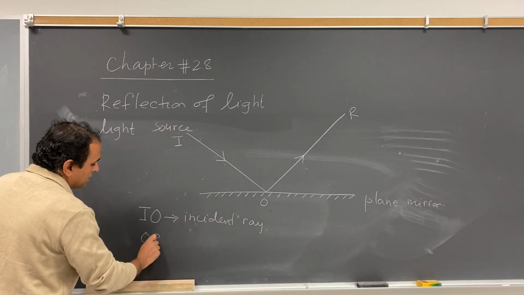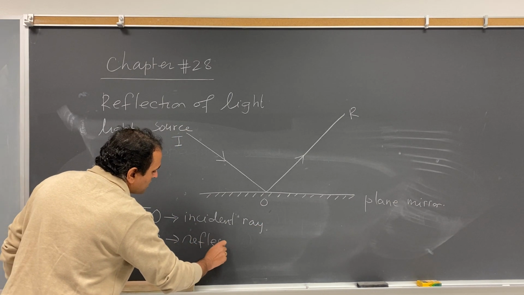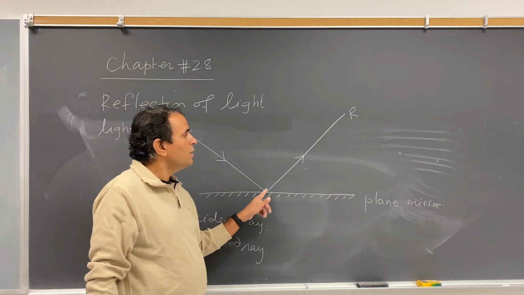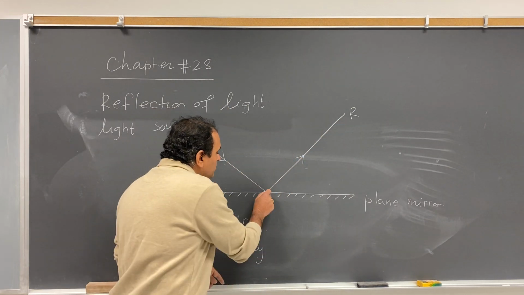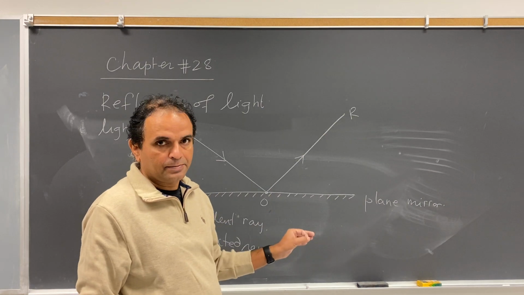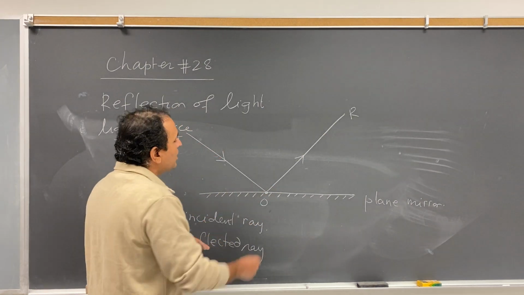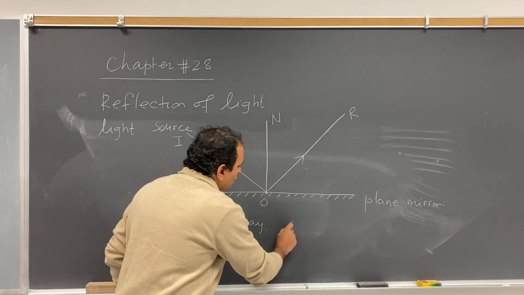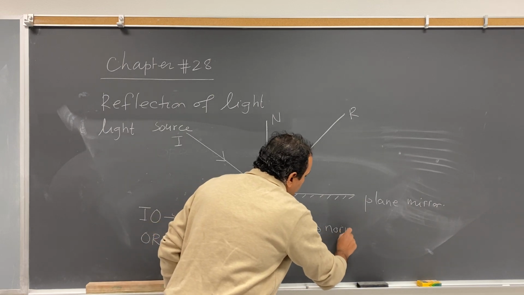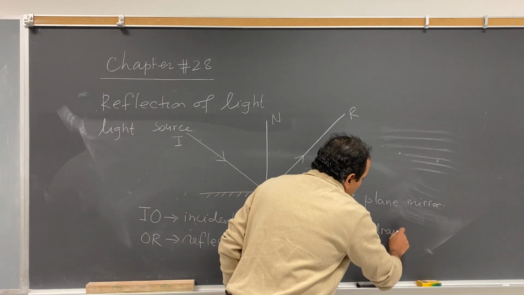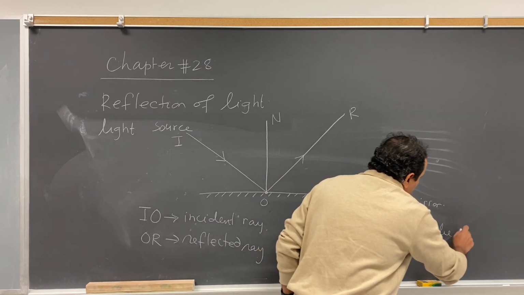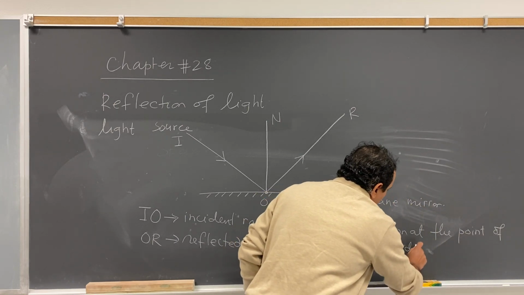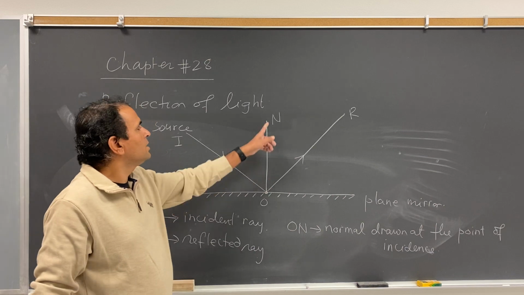OR is the reflected ray, and this point right here we call the point of incidence, point O. Right here I would like to draw the normal. ON is the normal drawn at the point of incidence.